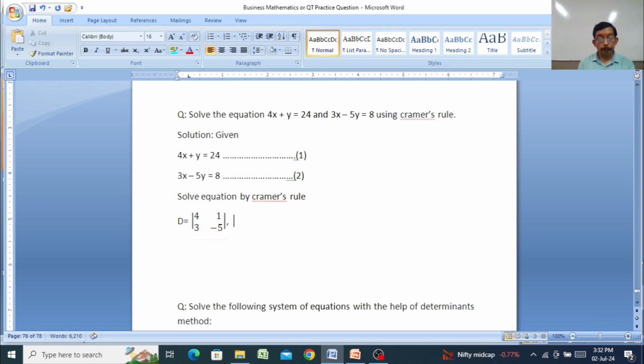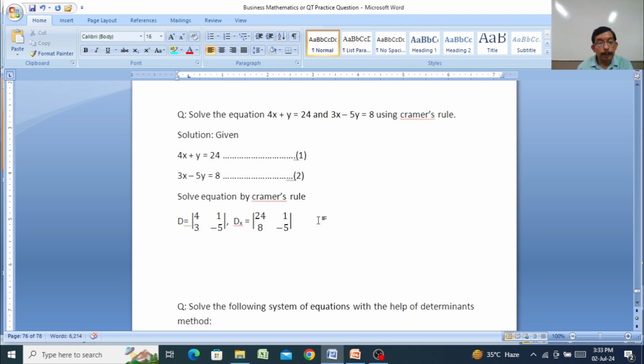Now Dx. Dx is equal to the coefficient matrix with the first column replaced by the constant terms. The first constant term is 24. The second constant term, the right hand side of the second equation, is 8. Note down 8.